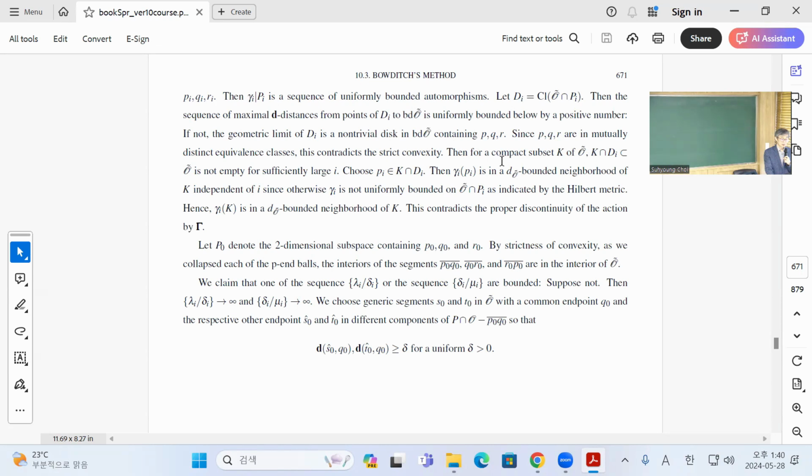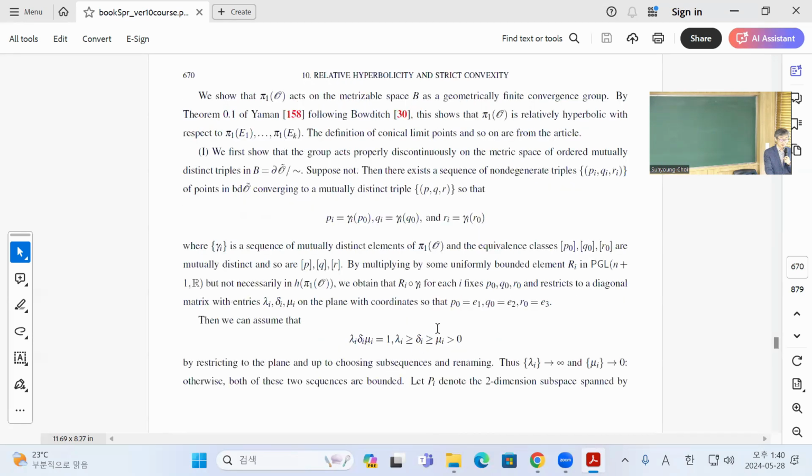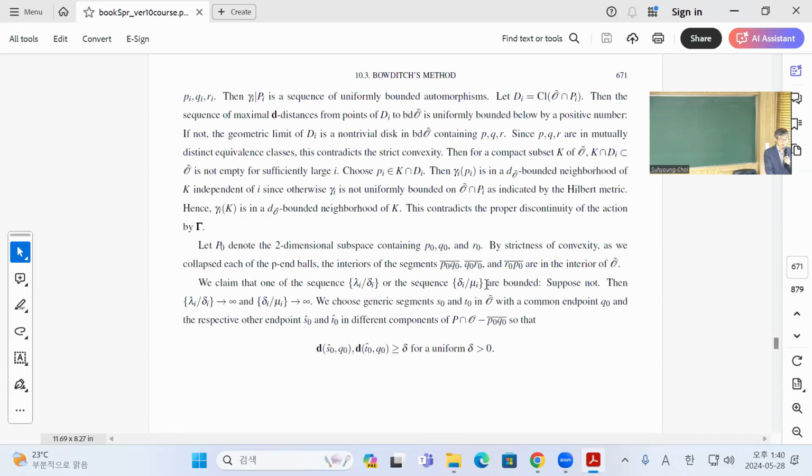Right. So that's how I will do it. So some of these has to go to infinity and zero. So by strict convexity, and we collapsed all these.